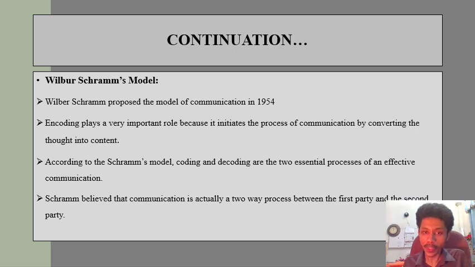Thus, the speaker conveys a message, the listener decodes it and passes a message back to the speaker after understanding, completing the full circle. Okay, moving on to the next slide.